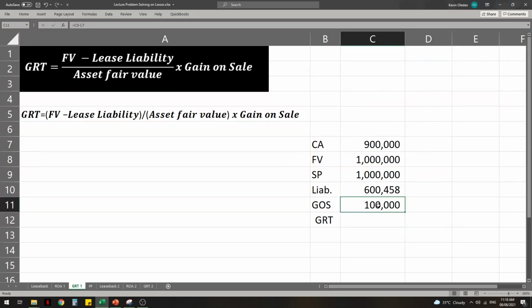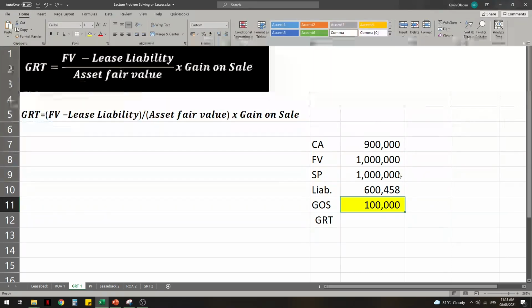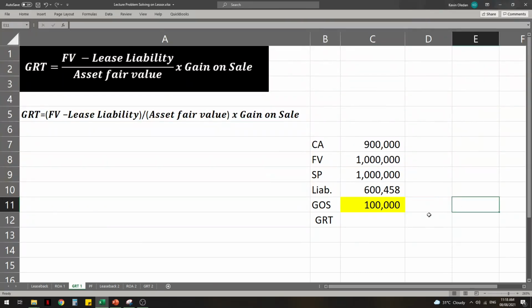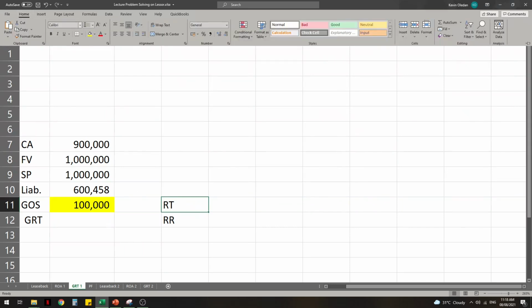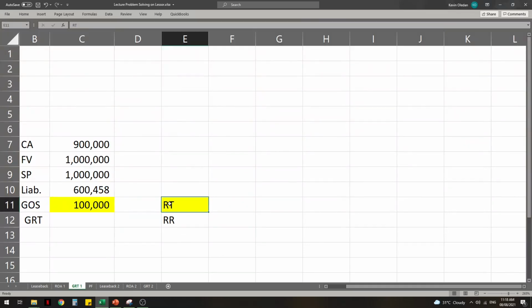Pero guys, in leaseback, that 100,000 will have to be divided into two components. The gain from the rights transferred and the gain that relates to rights retained. Gain on rights transferred and gains on rights retained. I will tell you right here and now, the only gain that we will recognize from a leaseback is those gains that relate to the rights transferred.